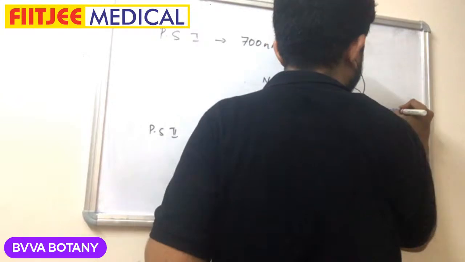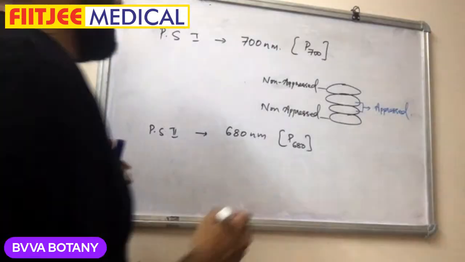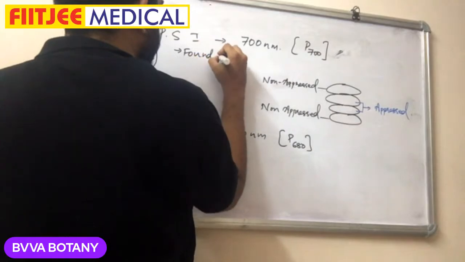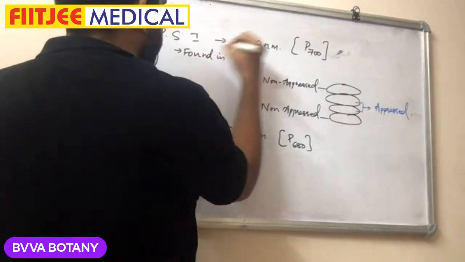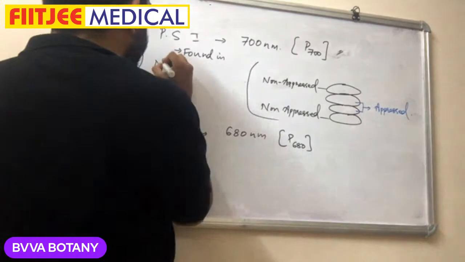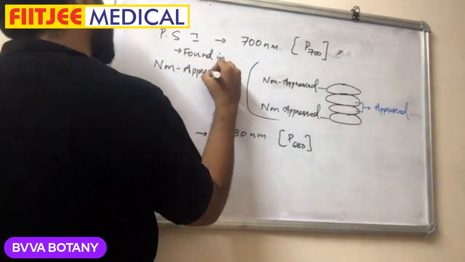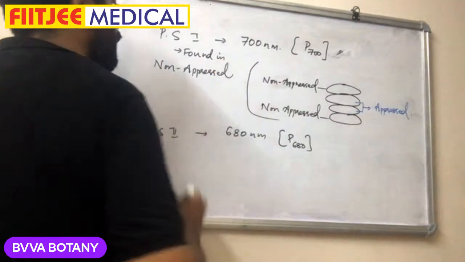So PS1, where is it found? It is found in the non-appressed region of the thylakoid.